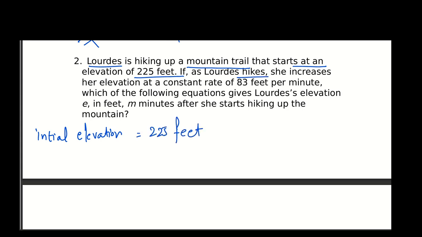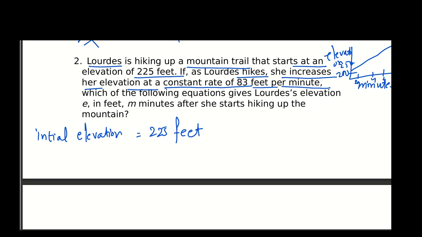As Lourdes hikes, she increases her elevation at a constant rate of 83 feet per minute. For example, if the x-axis corresponds to minutes and the y-axis is total elevation, she starts from 225. The constant rate at which she is hiking is 83 feet per minute.